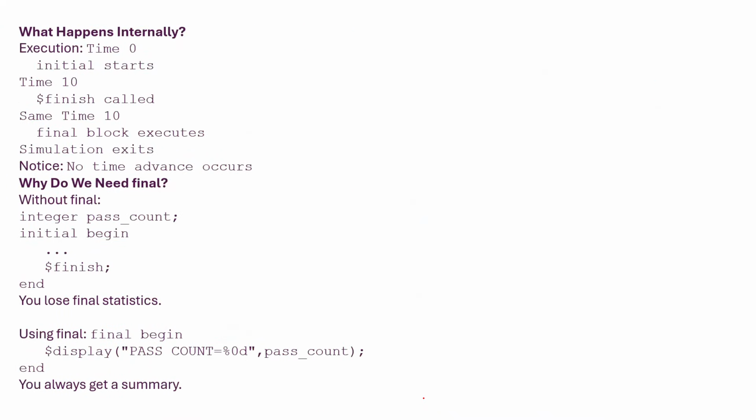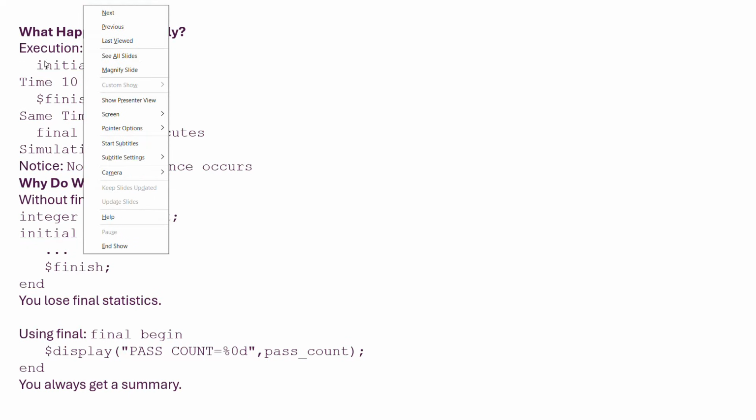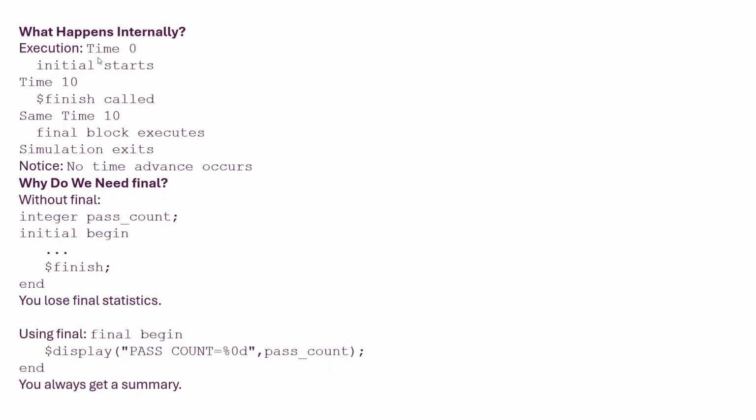What happens internally? Internally, we write the initial begin block at time t equal to 0, then the initial block starts. After that, whatever time period you mention, 10, or if you mention 100, you can mention 100. Then we call $finish. At the same time, the final block also executes, and then the simulation will exit.